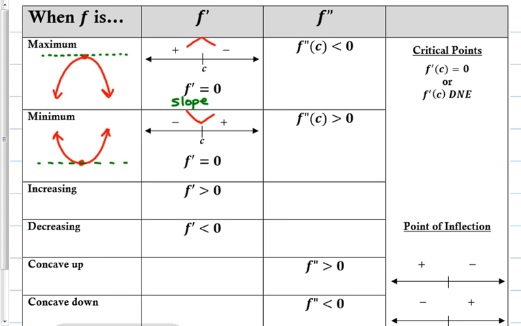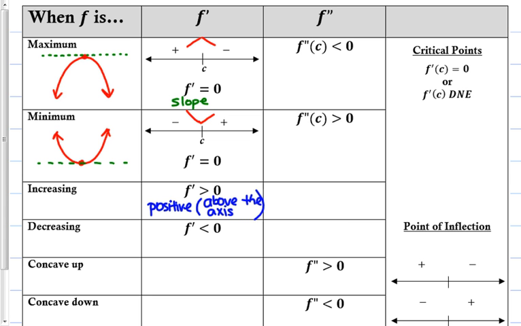All right, so increasing. When f is increasing, then f prime is going to be greater than 0. And greater than 0 means positive. To explain it in an easier way, basically, my derivative is going to be above the x-axis because those are all positive values for y, right?